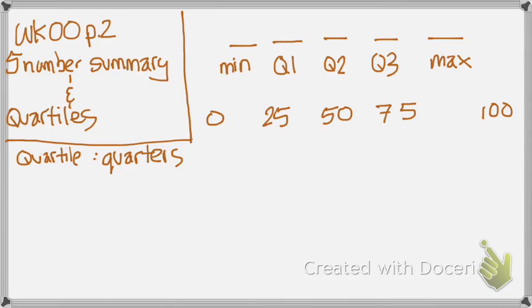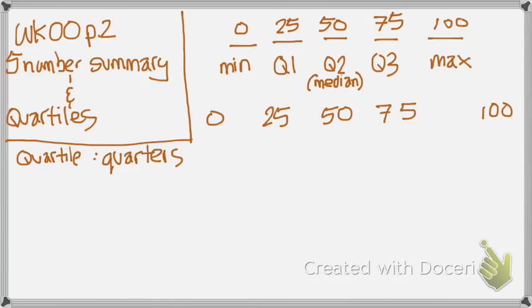So essentially what we have here is we have a minimum of 0 and a maximum of 100. We have our quartile 2 at 50. That splits us right smack dab in the middle. That's also known as our median of our data. And then in quartile 1 we have 25 cents, and in quartile 3 we have 75 cents.